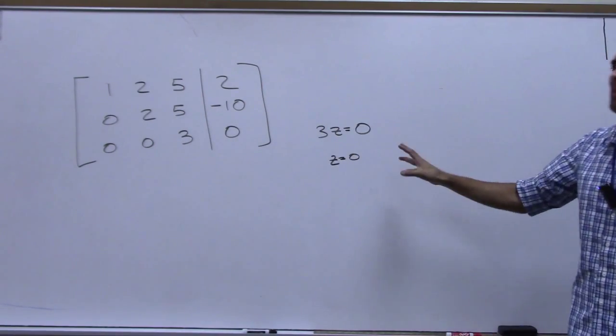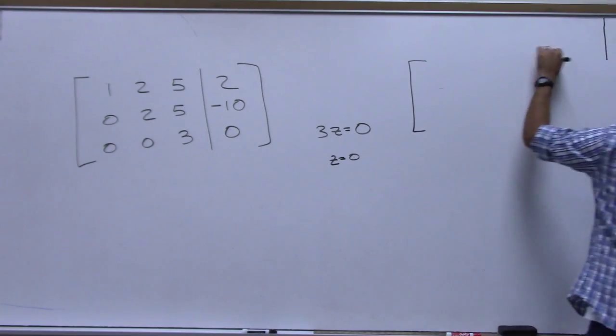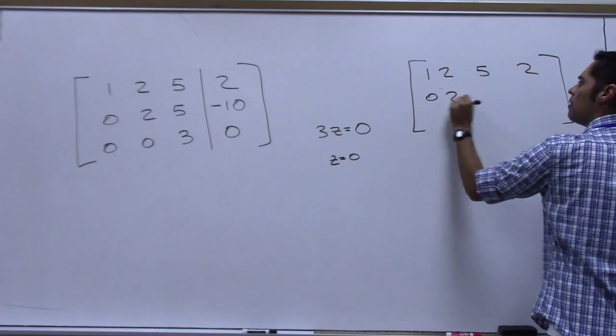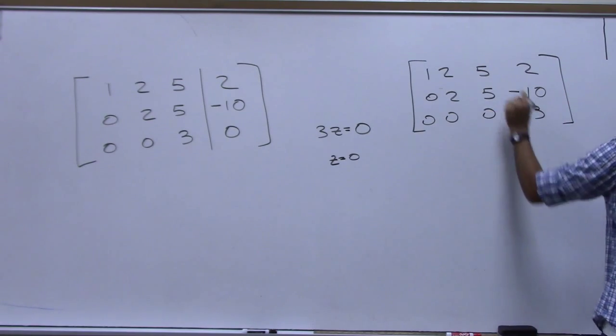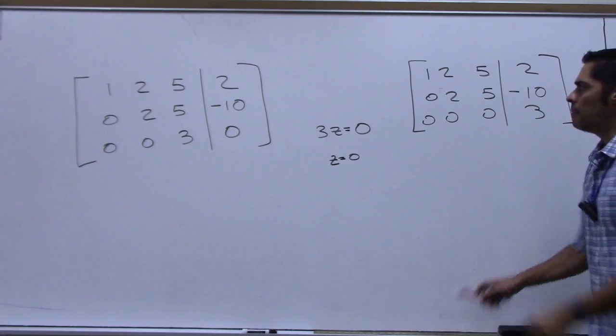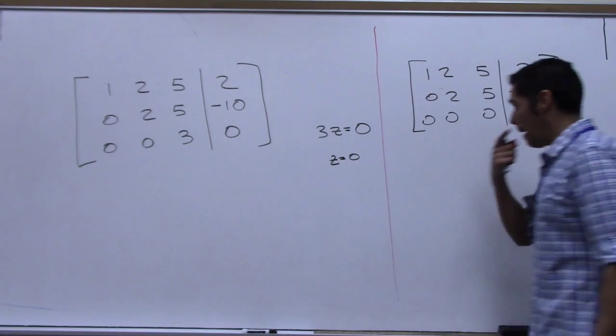Yes? That's not really that big of an issue, but I want you to compare that one to this one. So I wanted you to see these side by side. What does this mean? So I'm comparing these two systems. These are two separate systems of equations.